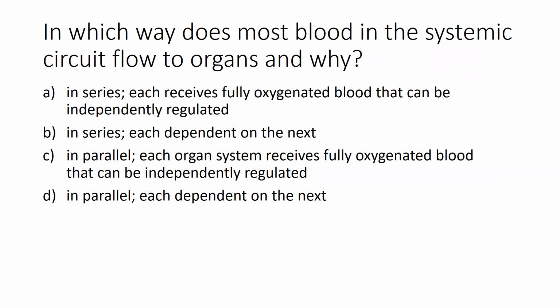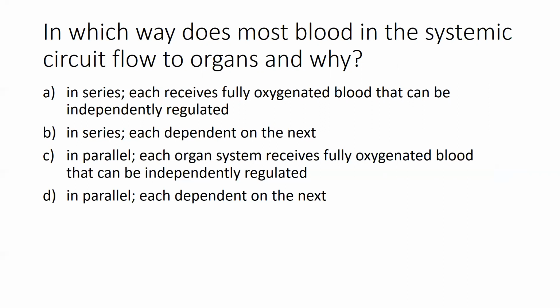What is the style of blood flow that goes to the systemic organs, like your brain, your kidneys? What's the style of flow that we talked about? Is it in series? Does blood go to your brain and then to your kidney? No, right? It's parallel. So blood is going to go to your brain and your kidney at the same time. Okay, so they're not going to compromise each other. So it's going to be in parallel, right?